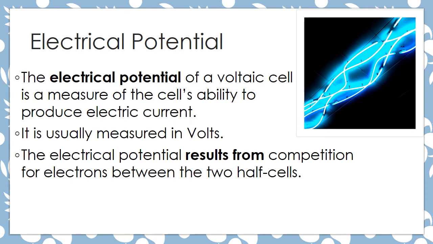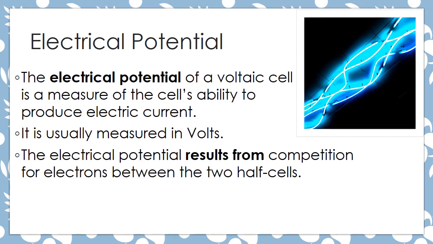If we're going to talk about electrons moving from one atom to another atom through reduction, oxidation, electrochemistry, the difference between them, in other words, the electrical potential of a voltaic cell is a measure of its ability to produce that current.